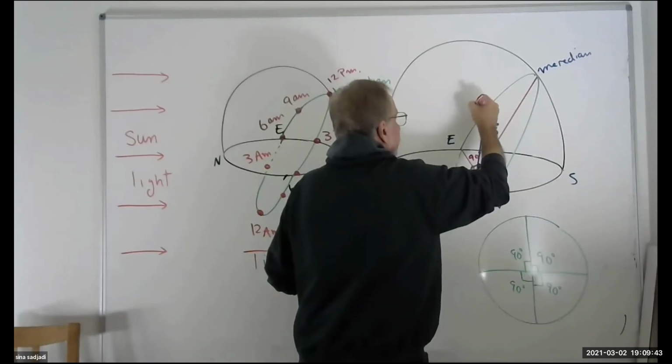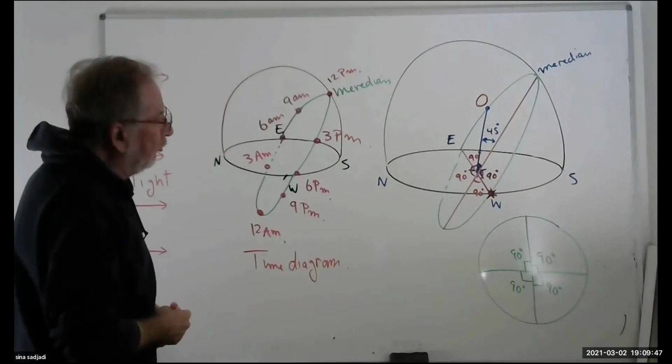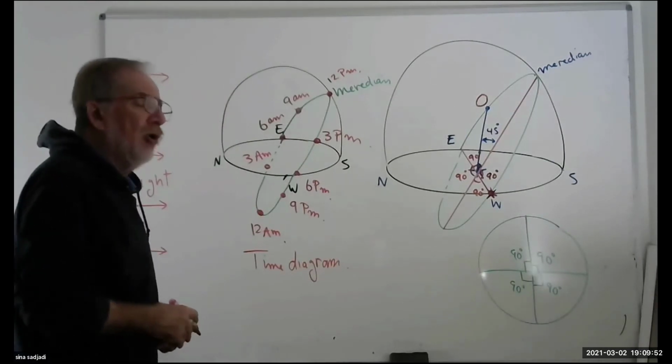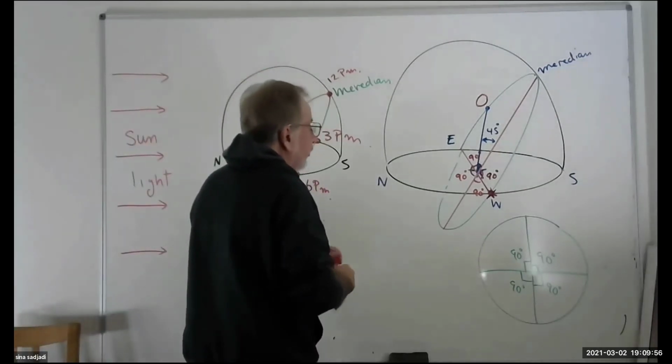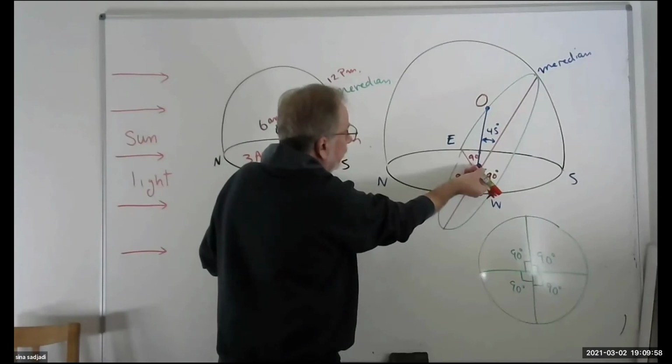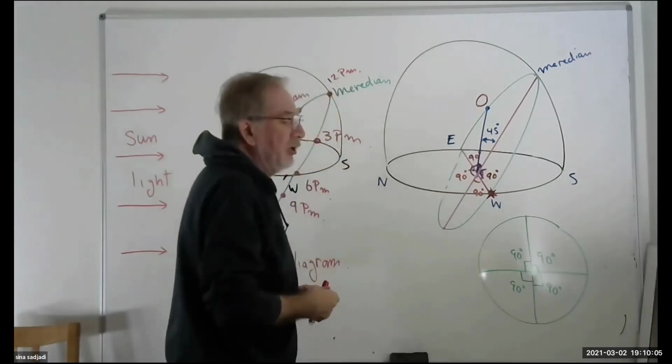I should make it realistic. There's the moon over here. So what's the angle from the sun to the moon? It's always from the sun to the moon. So what is this angle?